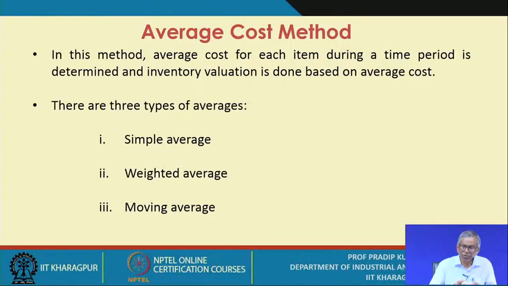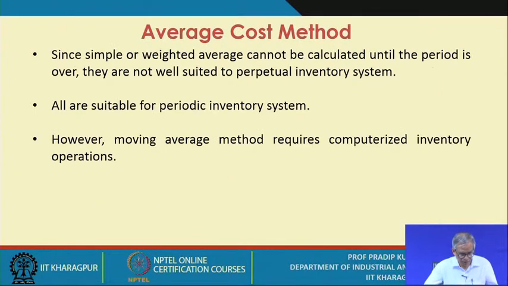One is the simple average, the second is the weighted average. Here the weightage is the quantity of the item at a particular price. When you consider that quantity to calculate the average price, it is referred to as the weighted average, and the last one is the moving average.